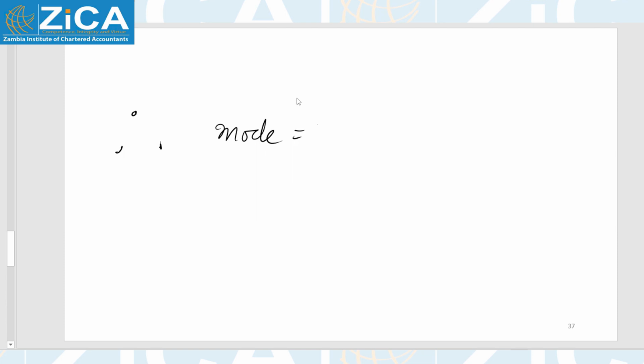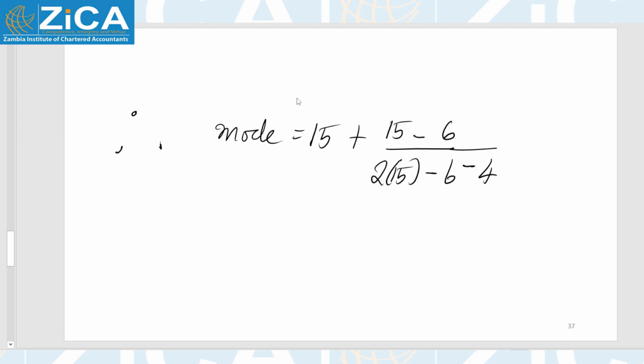The lower class boundary will be 15 plus B, which is the highest frequency, 15, minus A below, which is 6, over 2 times B, which is 15, minus A, which is 6, minus 4, times the class width, which is 5. If we simplify, we get 17.25.